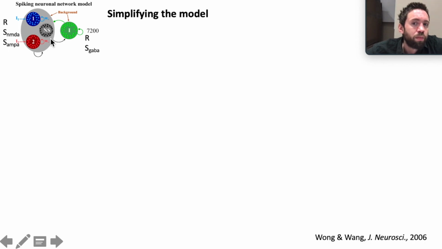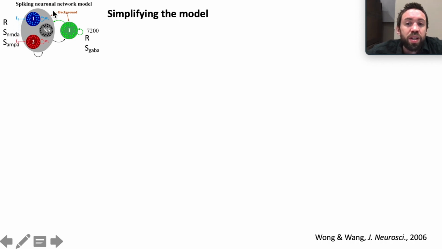And you'll remember from the working memory lecture that each of the excitatory cells has a few corresponding dynamical variables. There's the firing rate. We also had two dynamical equations for NMDA for each cell and one dynamical equation for AMPA.